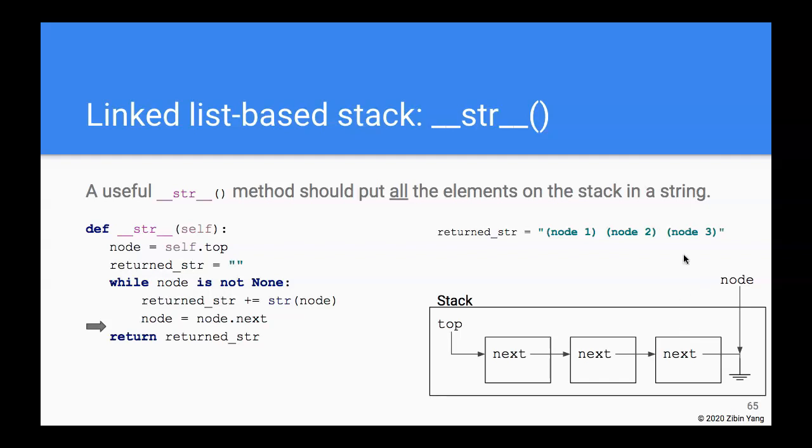The interesting part here is when I do node equals node.next, node.next is pointing to None. So after I execute this line the third time, node is going to point to None. And when it goes back to the beginning of the while loop and checks the condition, now node is None, so it's false. It will exit the loop and return the string that has all the information of all the nodes concatenated together.